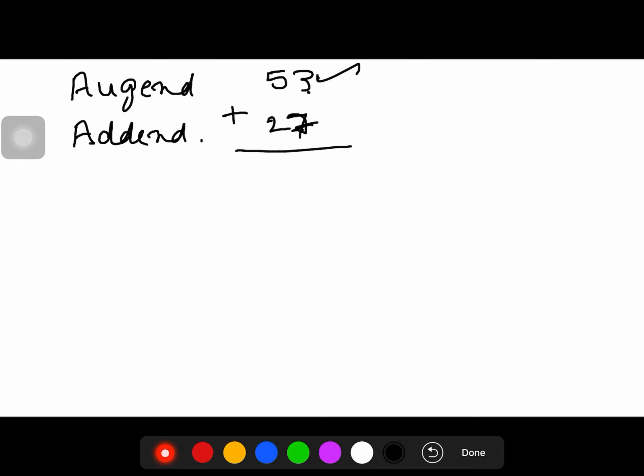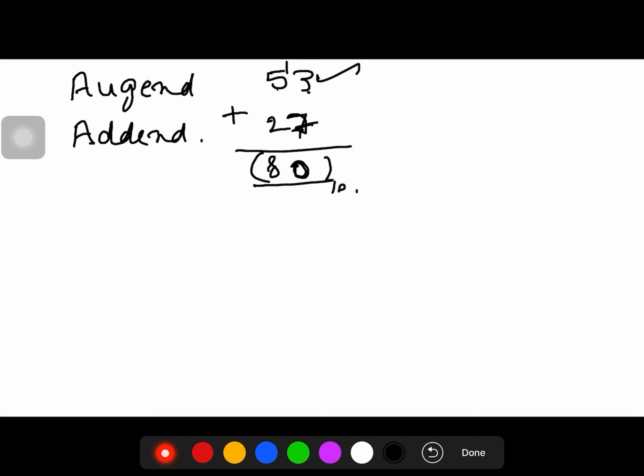What will we do? We will compute the answer as the sum of these two digits. At the unit place the sum is greater than 9, so we place 0 here and carry 1, then 7 plus 1 is 8. We have computed this in decimal.